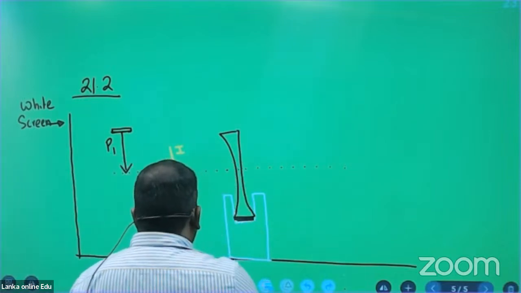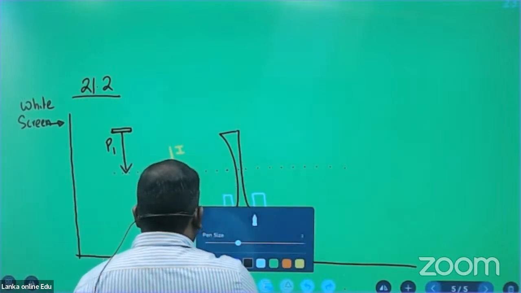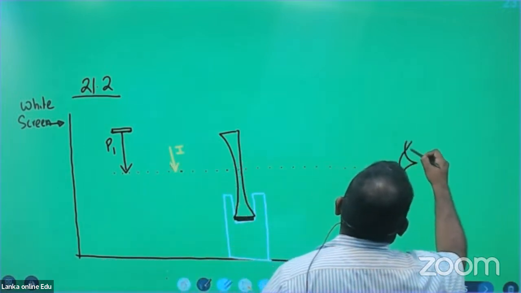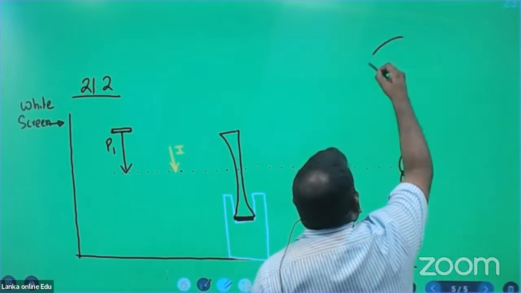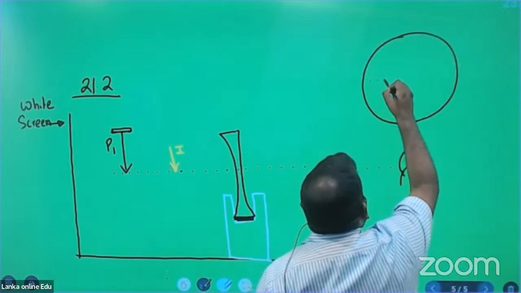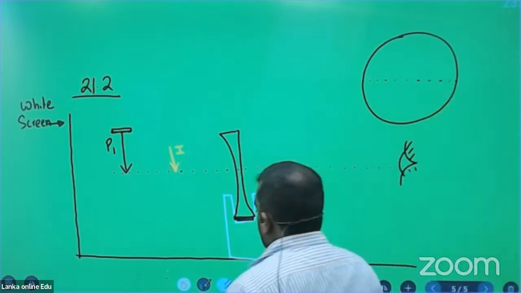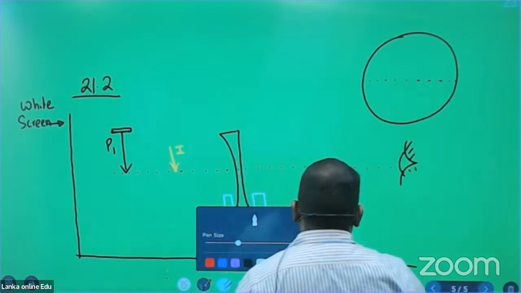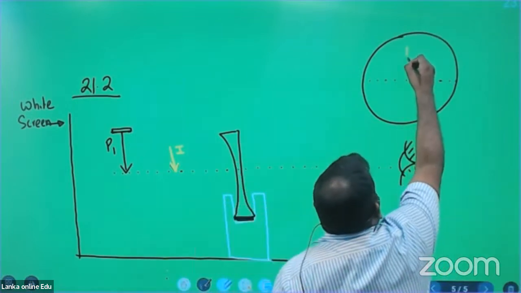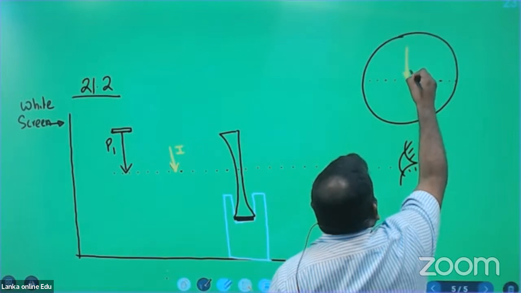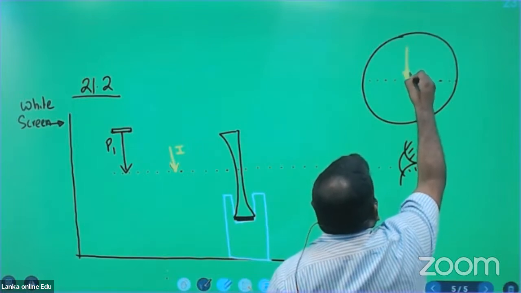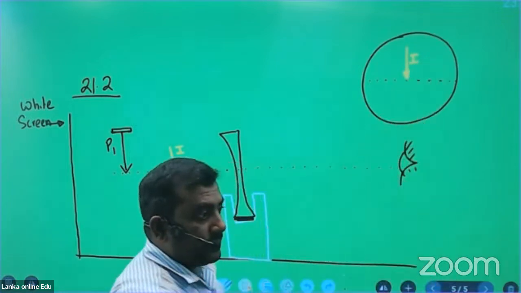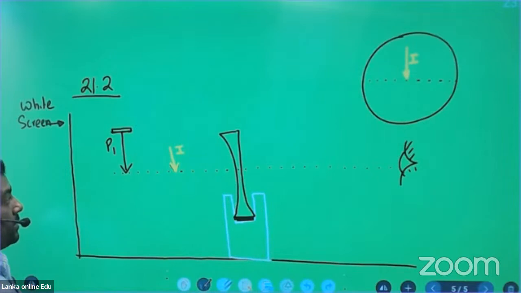Now when I look from this side, you will be able to see this image. Remember, it's virtual, upright, diminished. Diminished image means very thin, smaller than the object. That's the image.